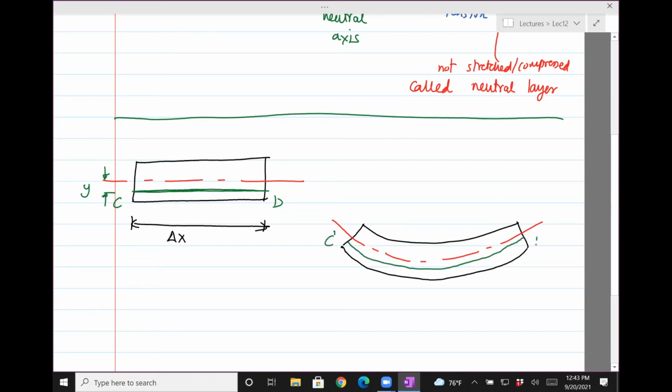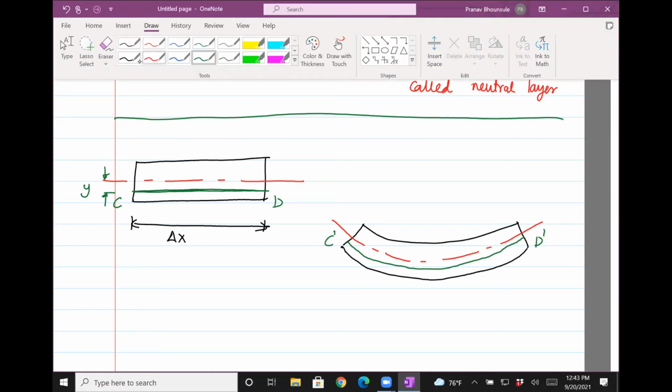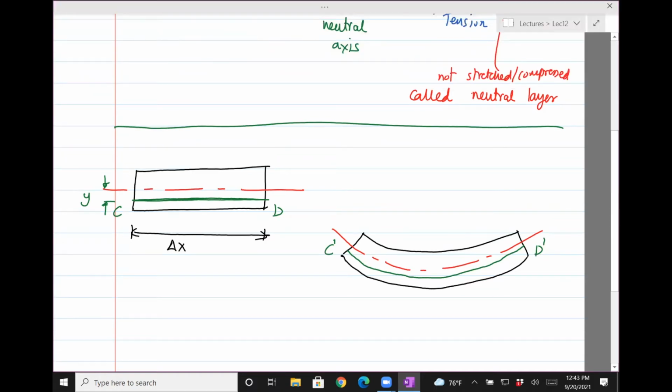Let's call that C prime D prime. So then if you extend these lines, they should intersect at some point. Let's call it O, and this angle is theta. Okay. This has to be true.